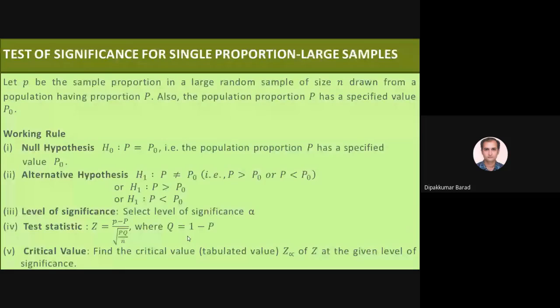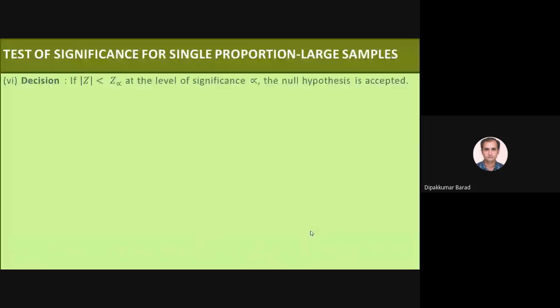So find the critical value z alpha at the given level of significance. It might be 1% or 5%, and according to whether it is a two-tail test or one-tail test, you get the value of z alpha. Once you get z alpha, you compare it with z. If mod z is less than z alpha at level of significance alpha, which might be 0.05 or 0.01, the null hypothesis is accepted.